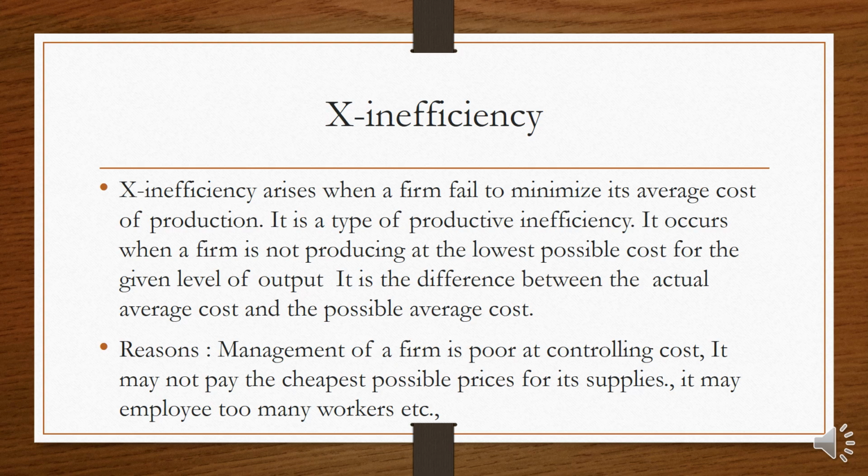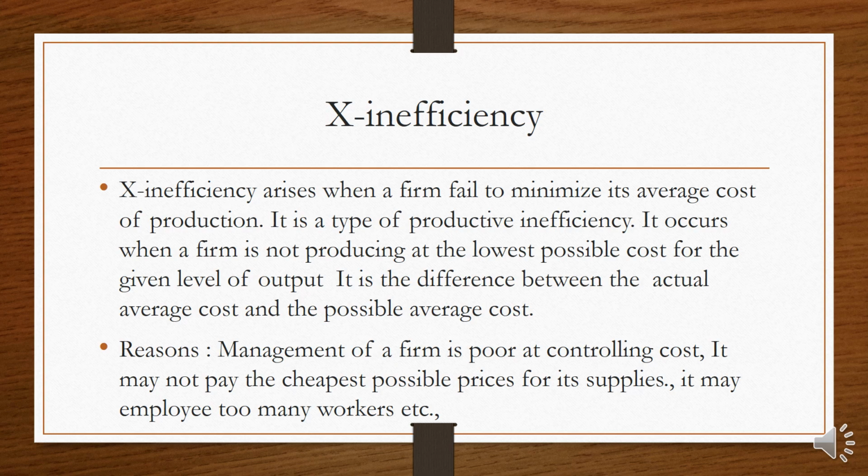Then X inefficiency, this is the most important factor we have to understand, and this is a new concept for you guys even. X inefficiency arises when the firm fails to minimize its average cost of production. For example, actual cost of production and the minimum possible cost of production, there are two different concepts.